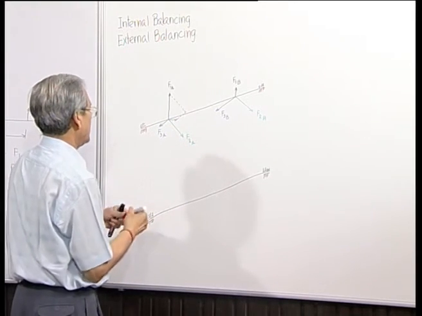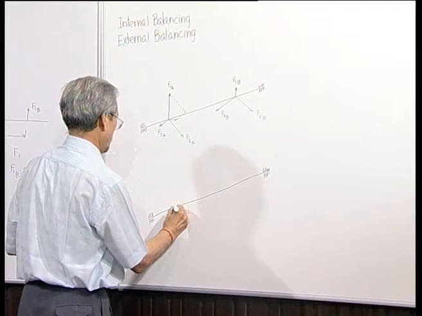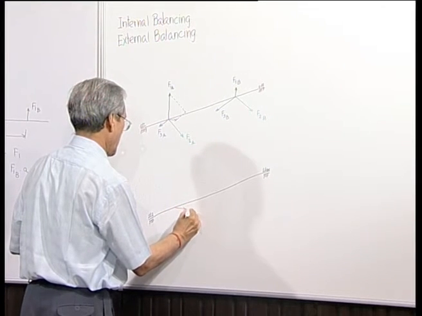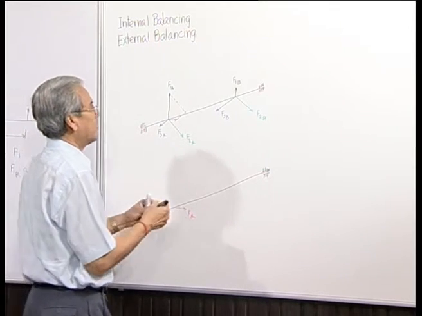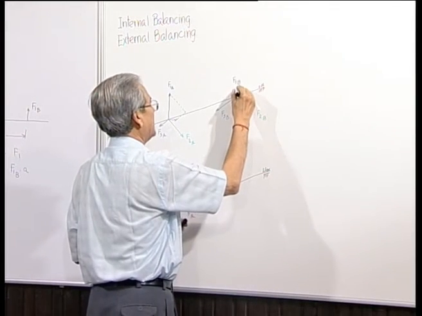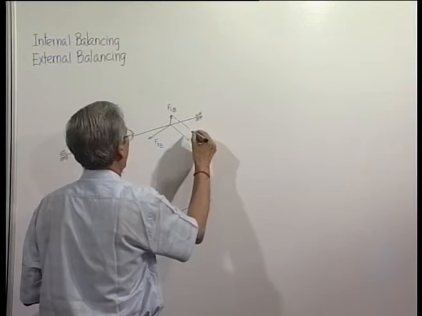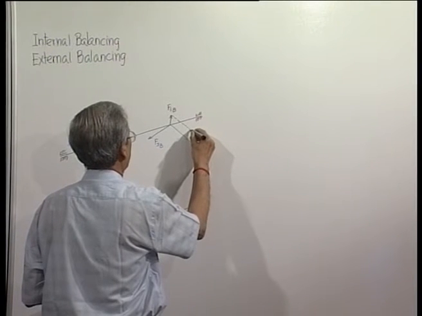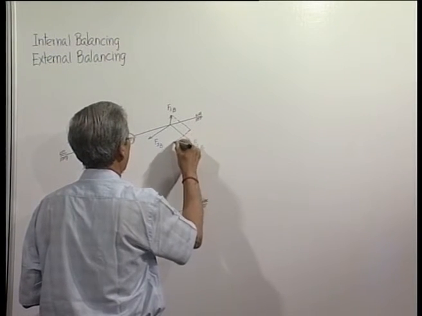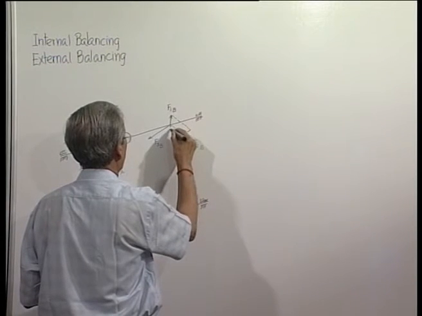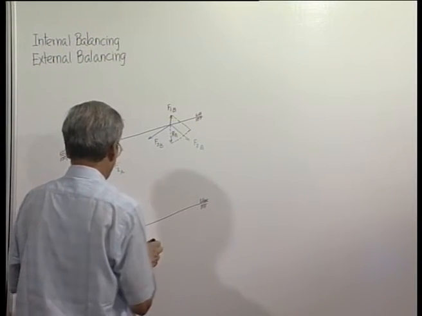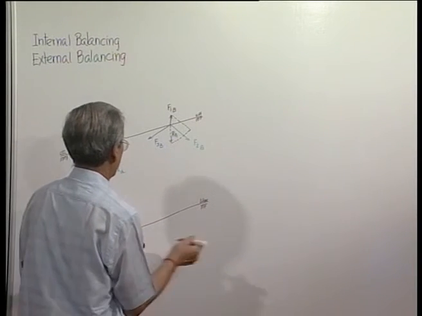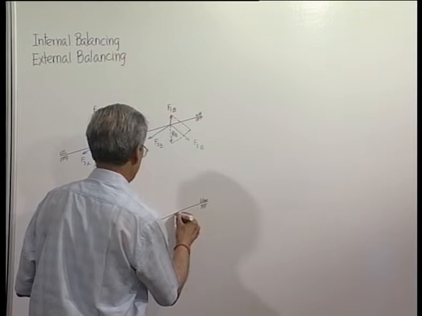So, we can say this location the resultant force is RA, and the resultant here of these 3 vectors, if we add F1B, F2B, then add this, so this is RB.